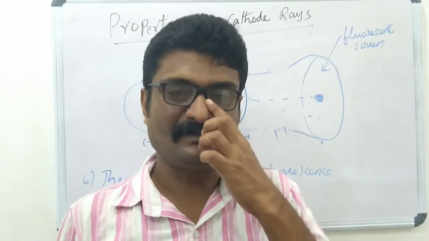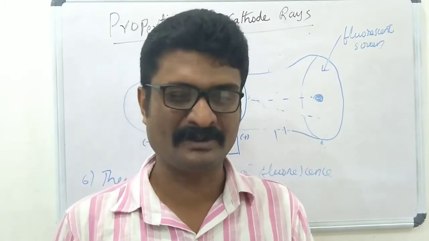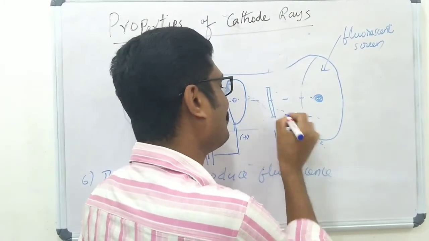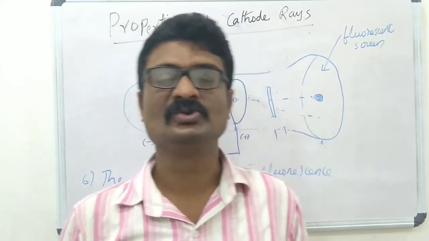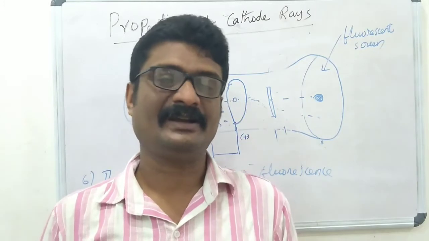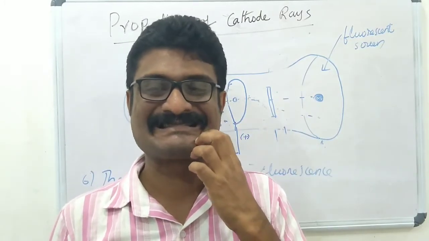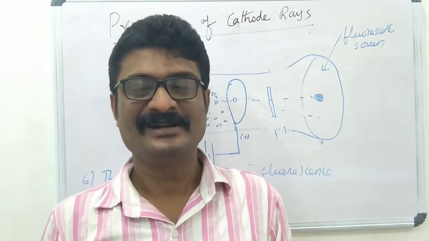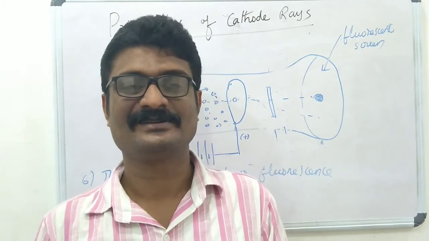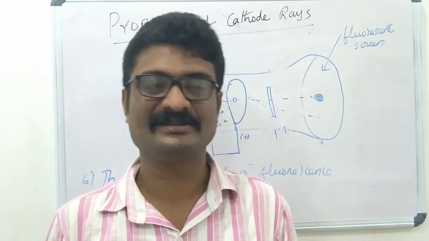One more property: the cathode rays can penetrate through thin metallic foil. These properties of cathode rays show that they consist of material particles, which are negatively charged.